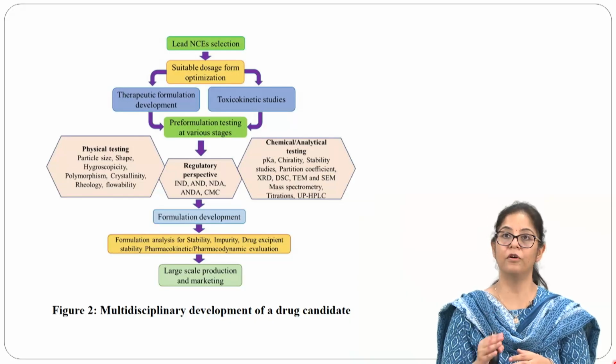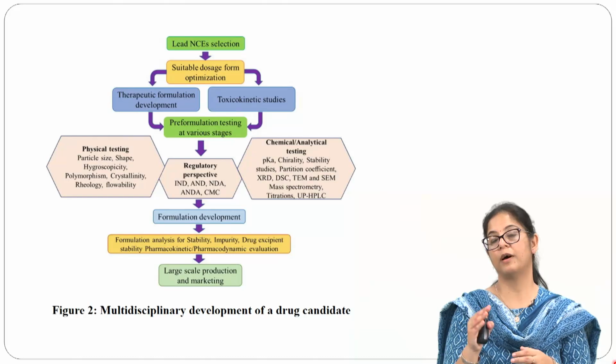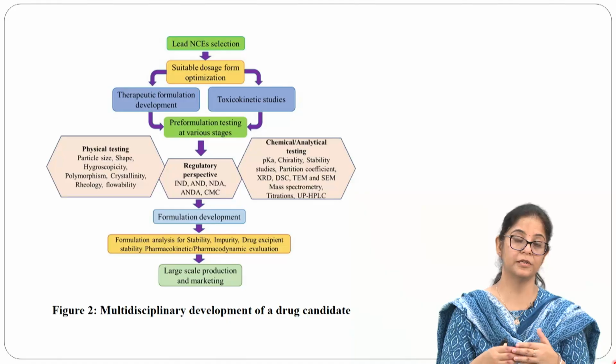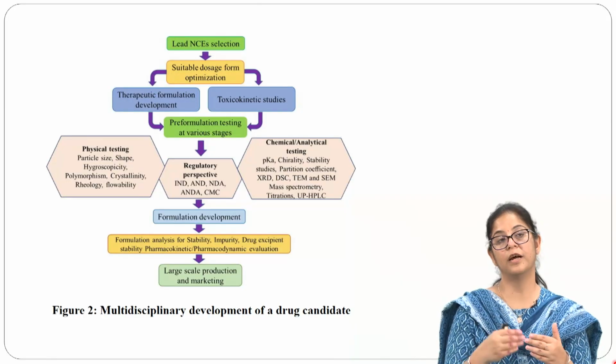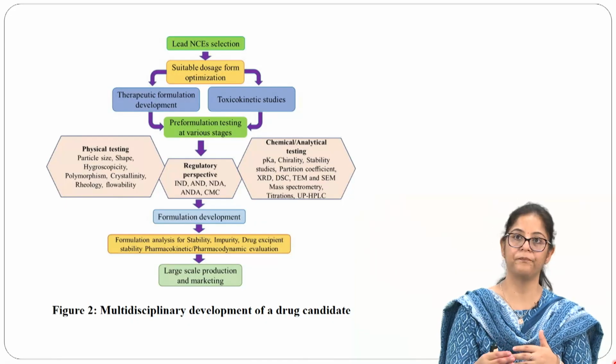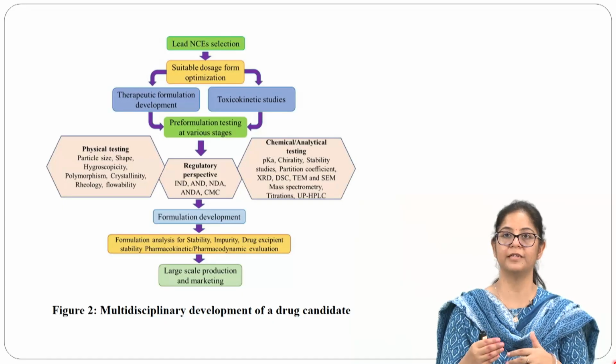So the pre-formulation studies are done from all these points of view, so as to have a compound, a new chemical entity, that can qualify to be characterized as a drug. The pre-formulation studies keep on going simultaneously.